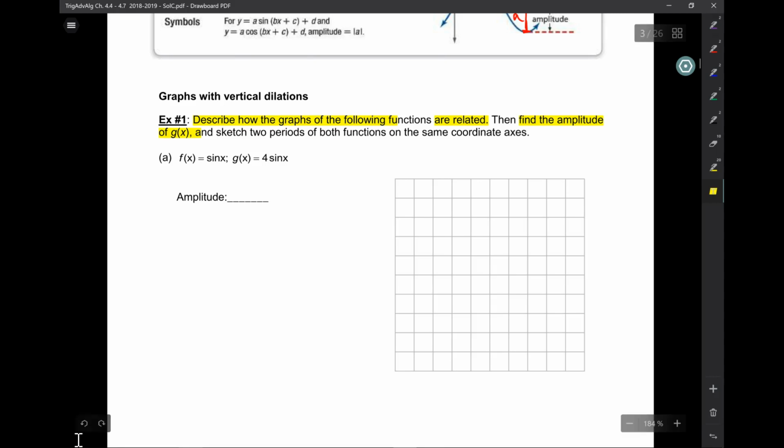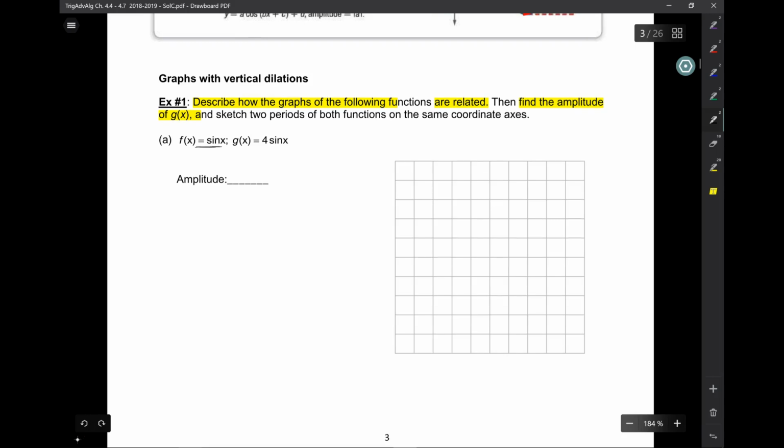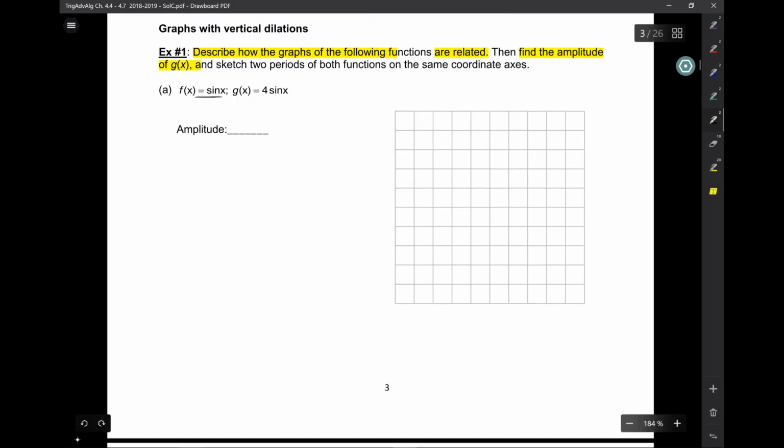Okay, here's how I want you to do these. If you've learned how to graph in another class, last year, whatever, here's how we're going to do it. First, I'm going to graph this sine function. I'm always going to give you a grid like this. It may or may not have the x-axis.